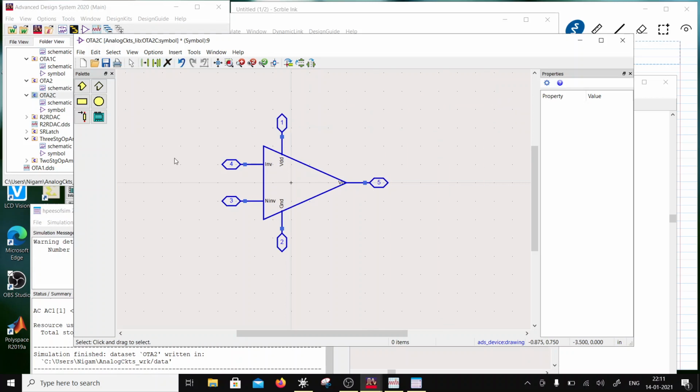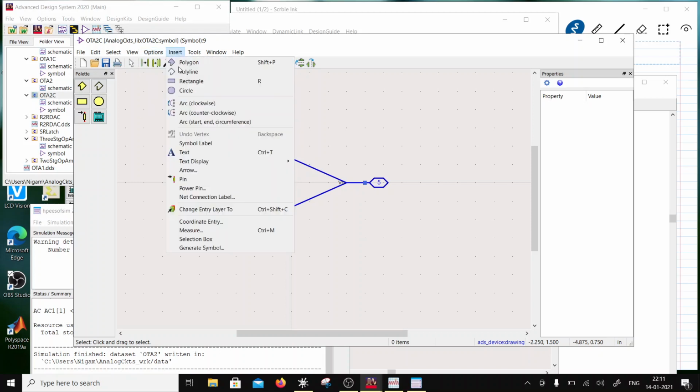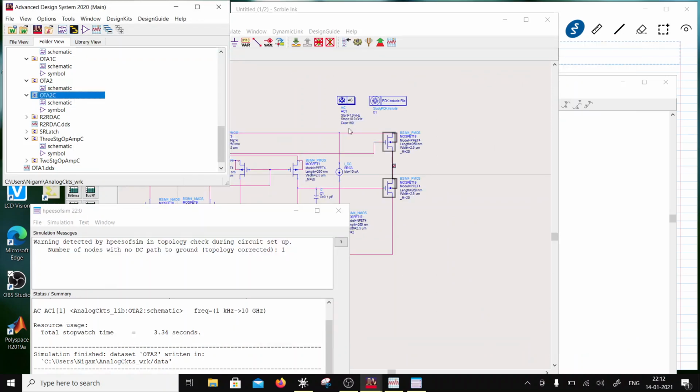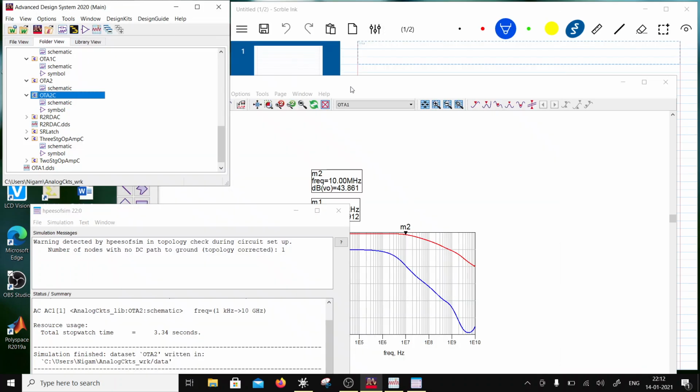Okay, so this is going to be my OTA2. So I will put in a text here saying that this is OTA2. Okay, so this completes my OTA2.